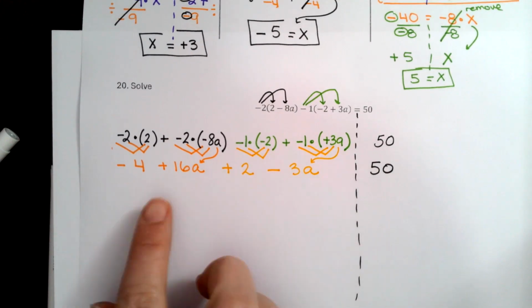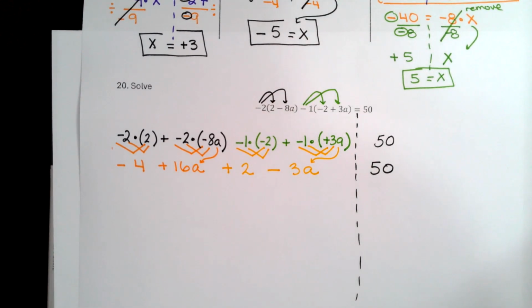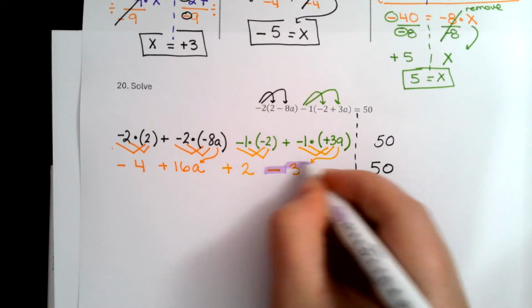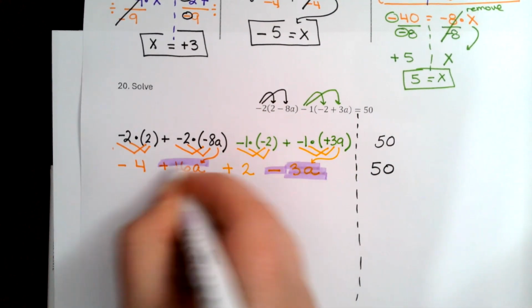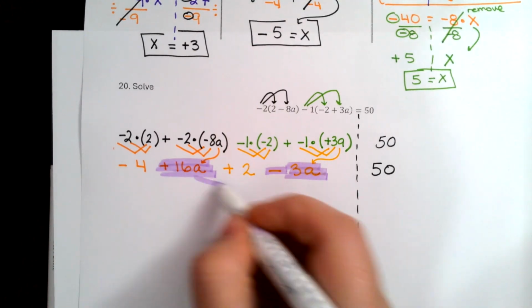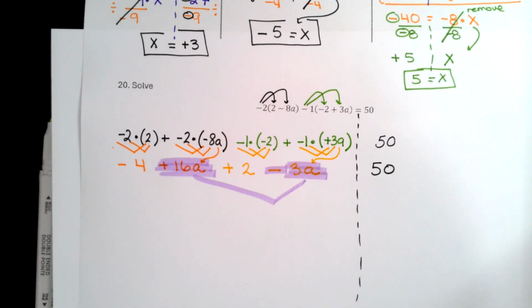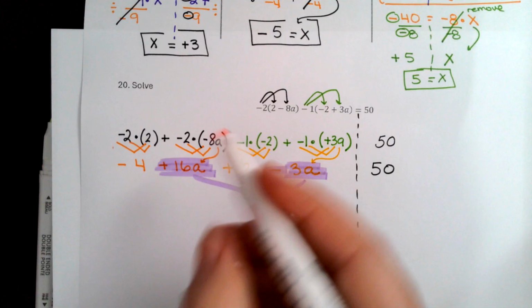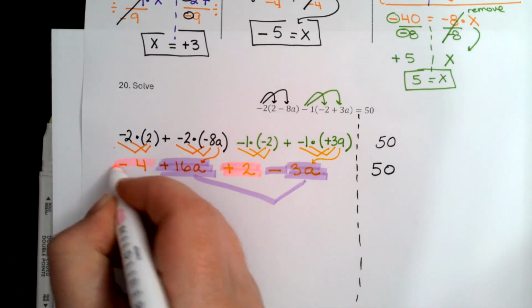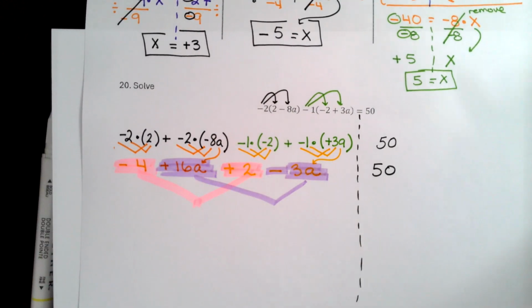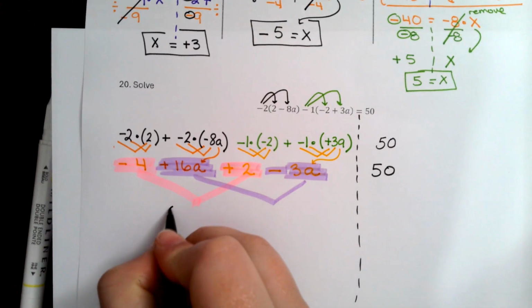Now, once you've distributed, we want to combine like terms. So things with the same letters, like -3a, positive 16a, these need to be combined. These need to be put together. And positive 2, -4, these two need to be put together. Now, when you are combining like terms, you're just adding. These are counters.